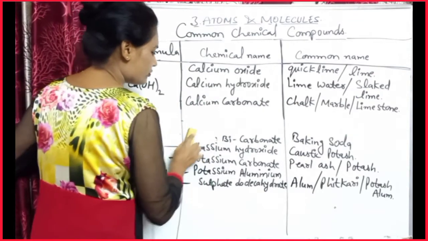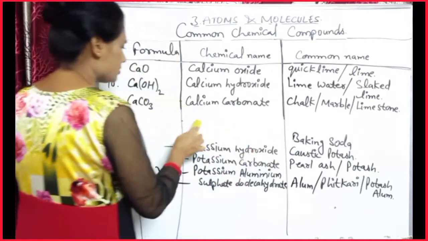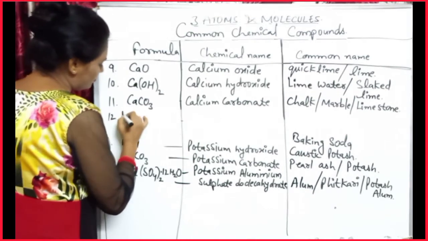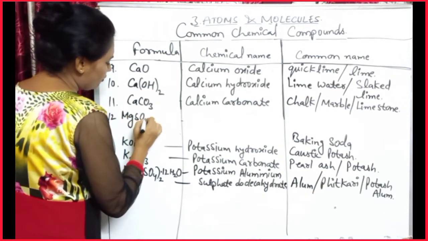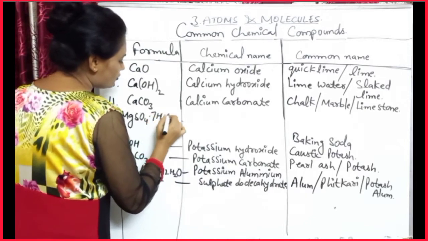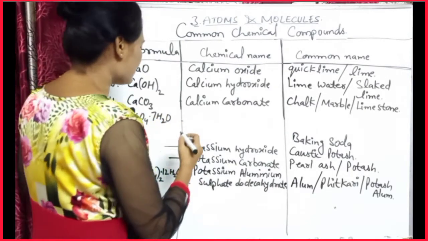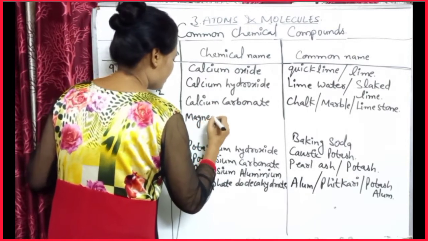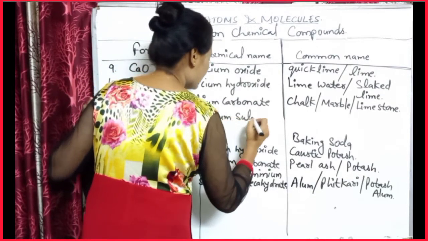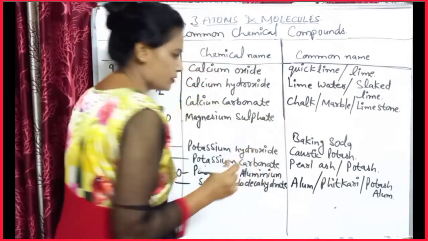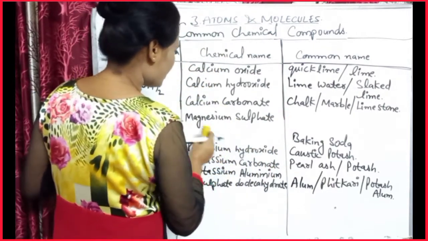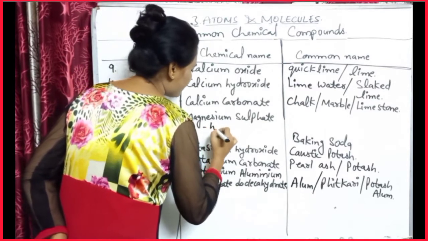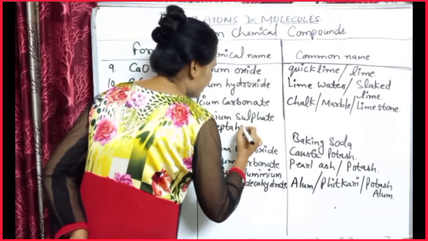Okay, now next we can take the magnesium compound. So MgSO4.7H2O. That is magnesium sulfate heptahydrate. 7 is there, so heptahydrate.